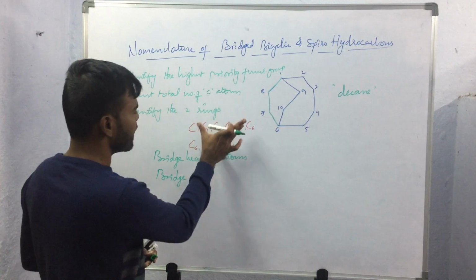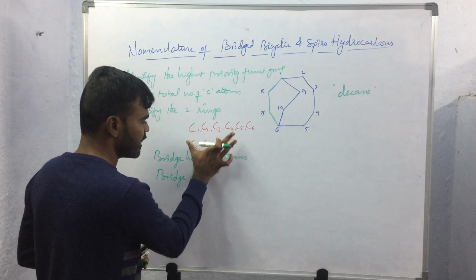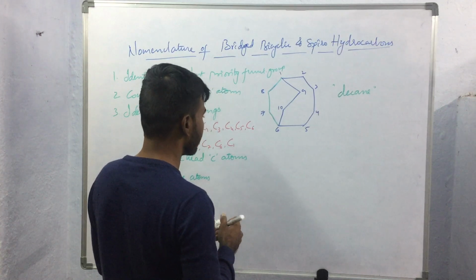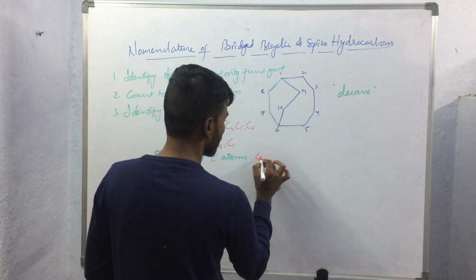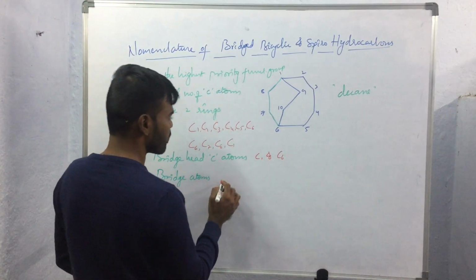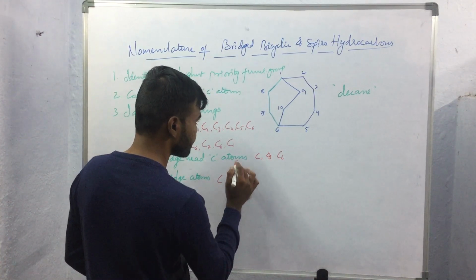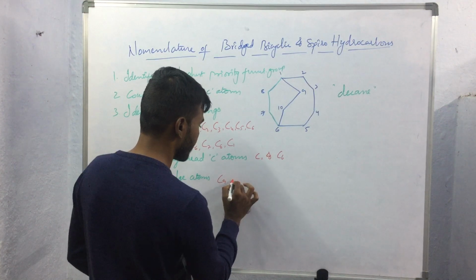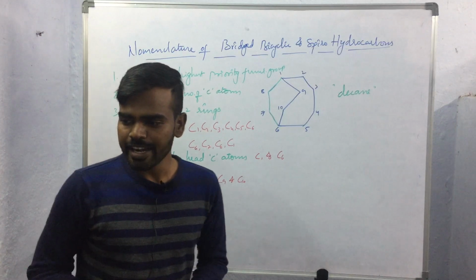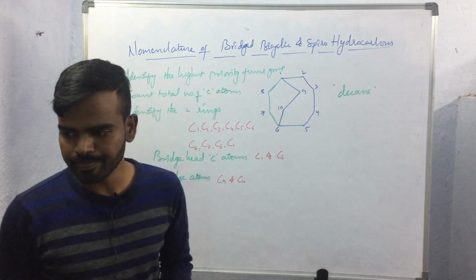Then we identified the two rings and also the bridgehead carbon atoms, which are carbon 1 and carbon 6, and the bridge atoms, carbon 9 and carbon 10. So these are the identifications we made here.